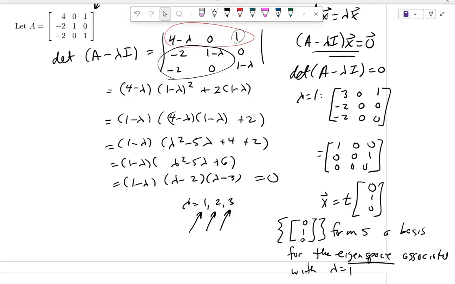The original matrix is 4, 0, 1, negative 2, 1, 0, and negative 2, 0, 1. That's the original matrix that we have.